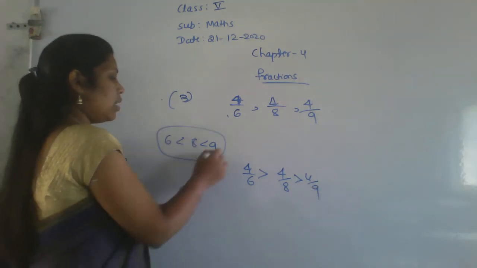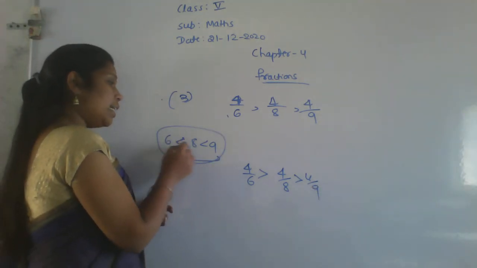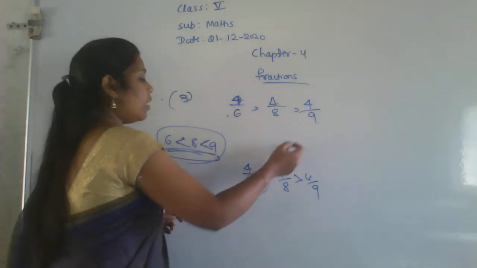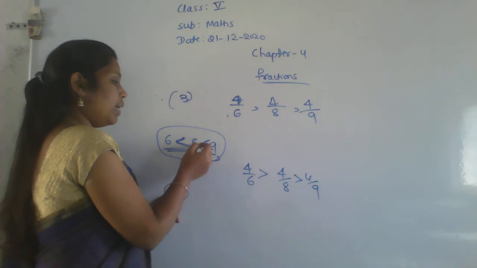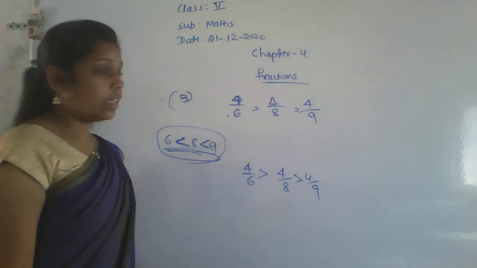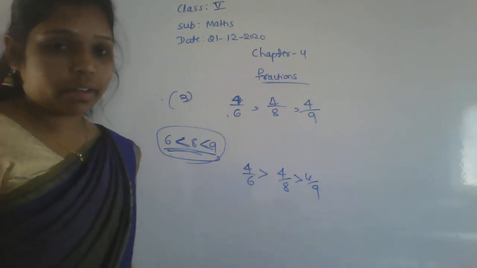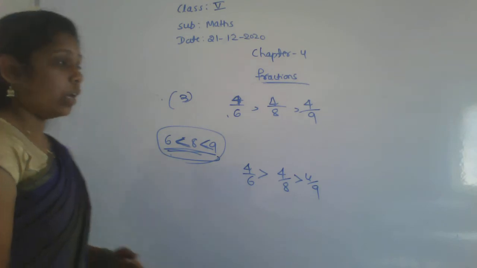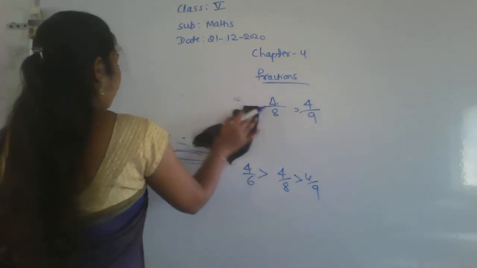This one is in the numerator, that's why this condition is satisfied, right? So if it goes to the denominator, then this sign will be reversed. Okay, like this we have to do when the numerator is the same. Okay, so now go for exercise number 4.1. Solve exercise number 4.1.